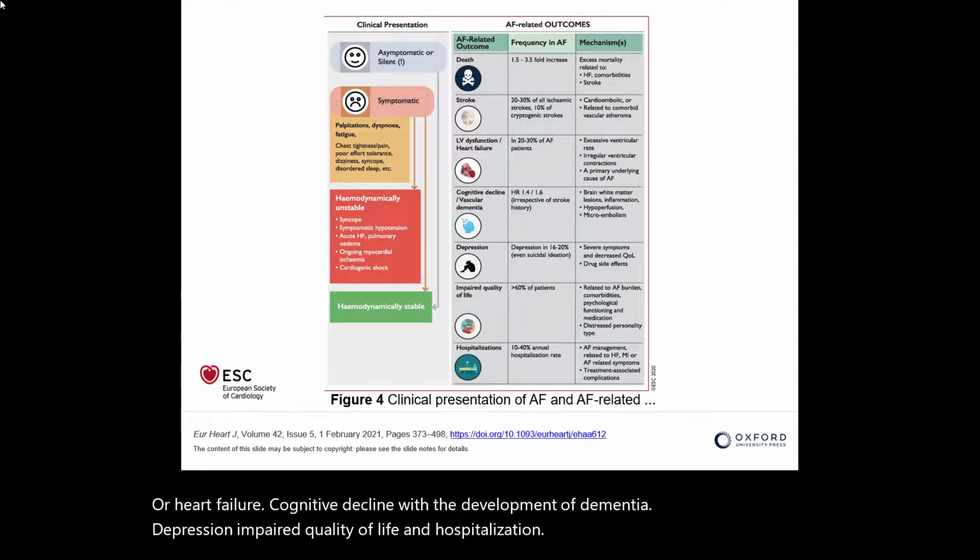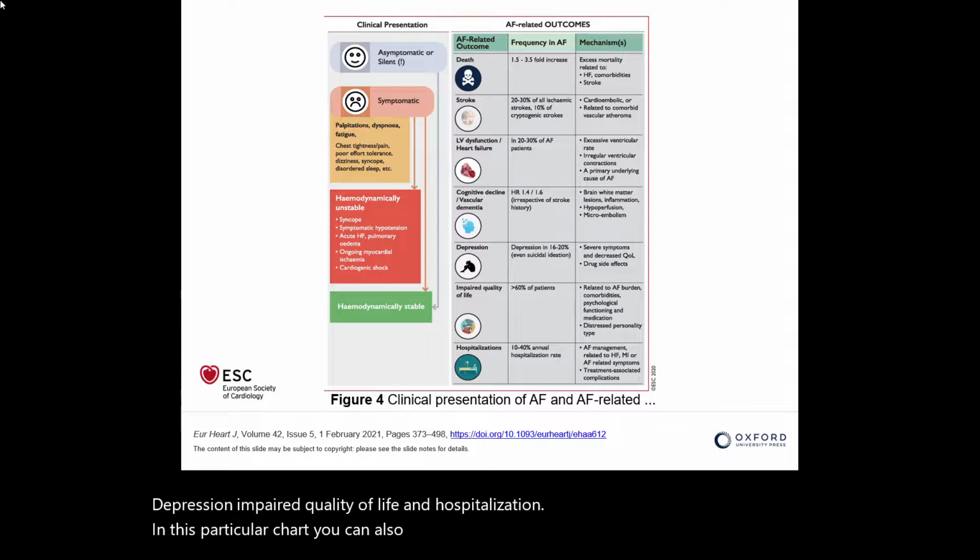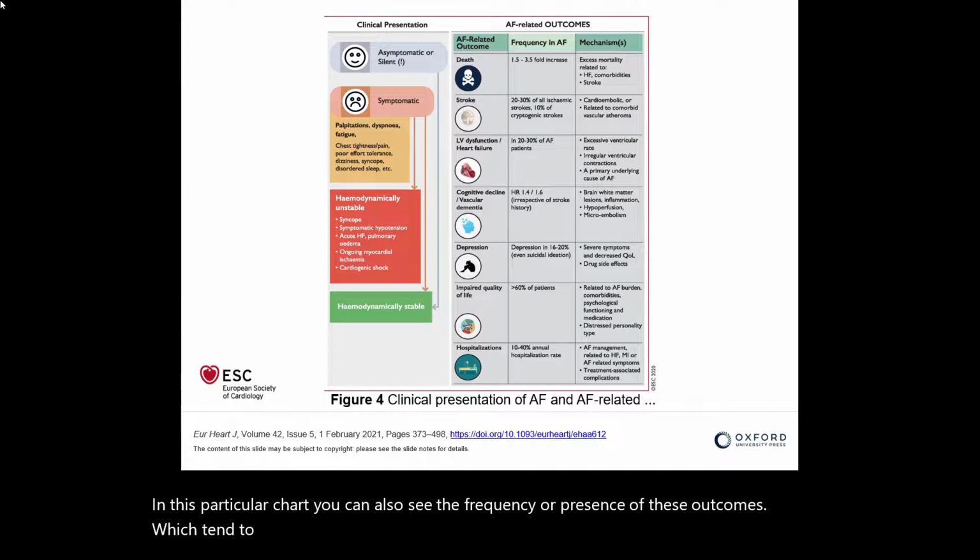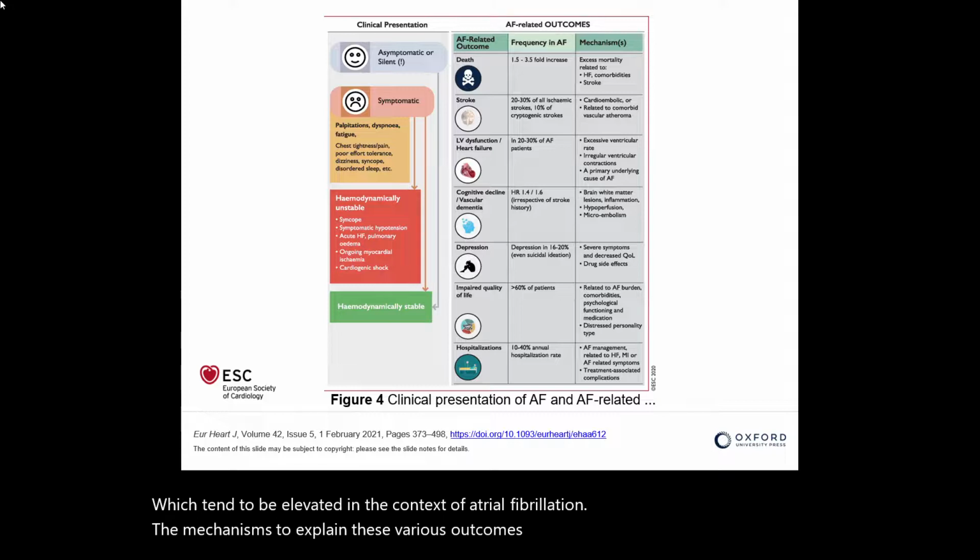In this particular chart, you can also see the frequency or presence of these outcomes, which tend to be elevated in the context of atrial fibrillation. The mechanisms to explain these various outcomes have also been outlined here in this table.